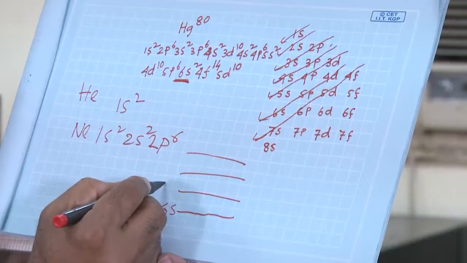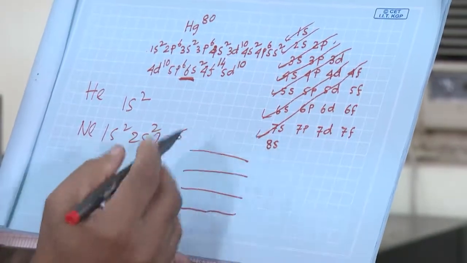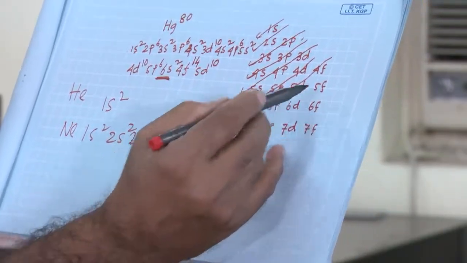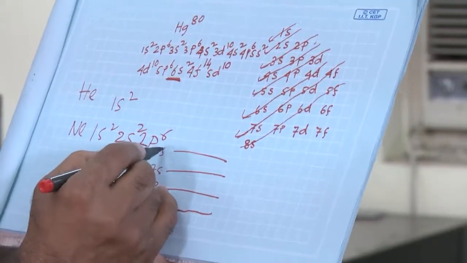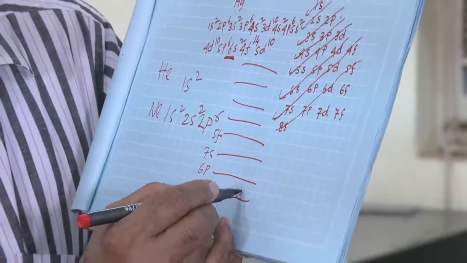So 6s, then 6p, then 7s, then 5f. So this kind of energy levels are there. Okay. So here 2 electrons are there.